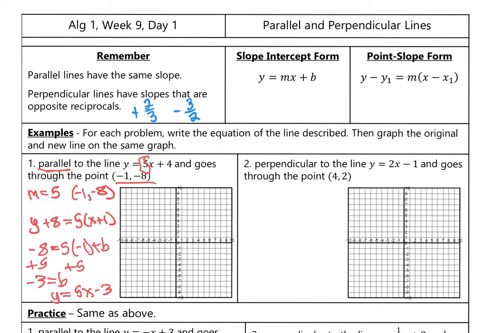If we're graphing these, our first line starts at 4, goes up 5 and right 1. That's not 5, that's 4. There, that's the first line right there.